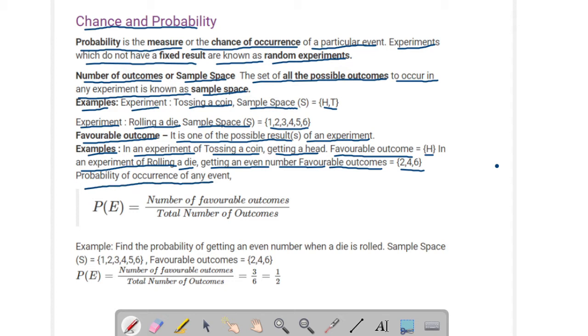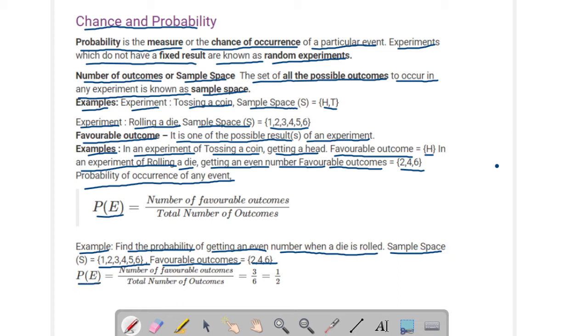Probability of occurrence of any event is given by P(E), the probability of an event. It is equal to the number of favorable outcomes upon the total number of outcomes. Say, for example, find the probability of getting an even number when a die is rolled. The sample space is 1, 2, 3, 4, 5, 6, and the favorable outcomes, the even numbers, are 2, 4 and 6.